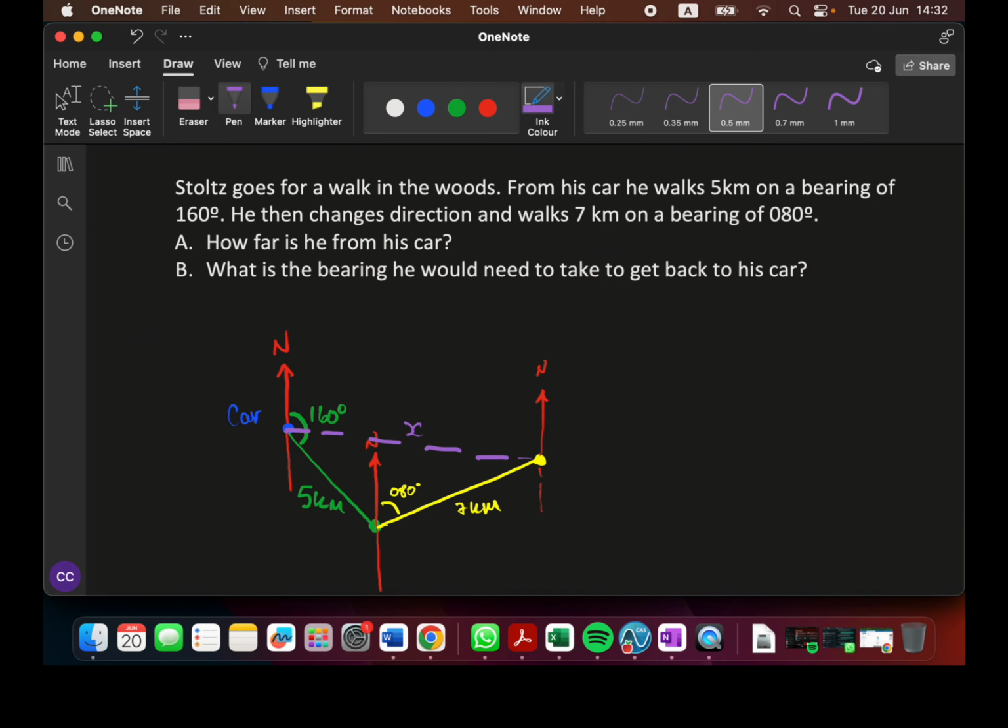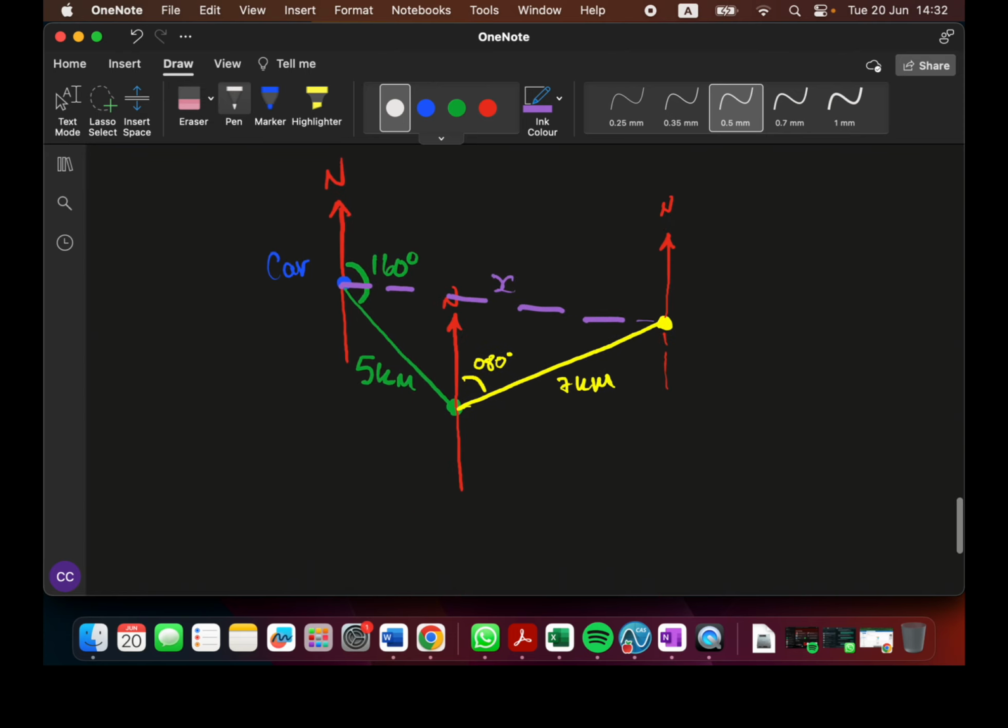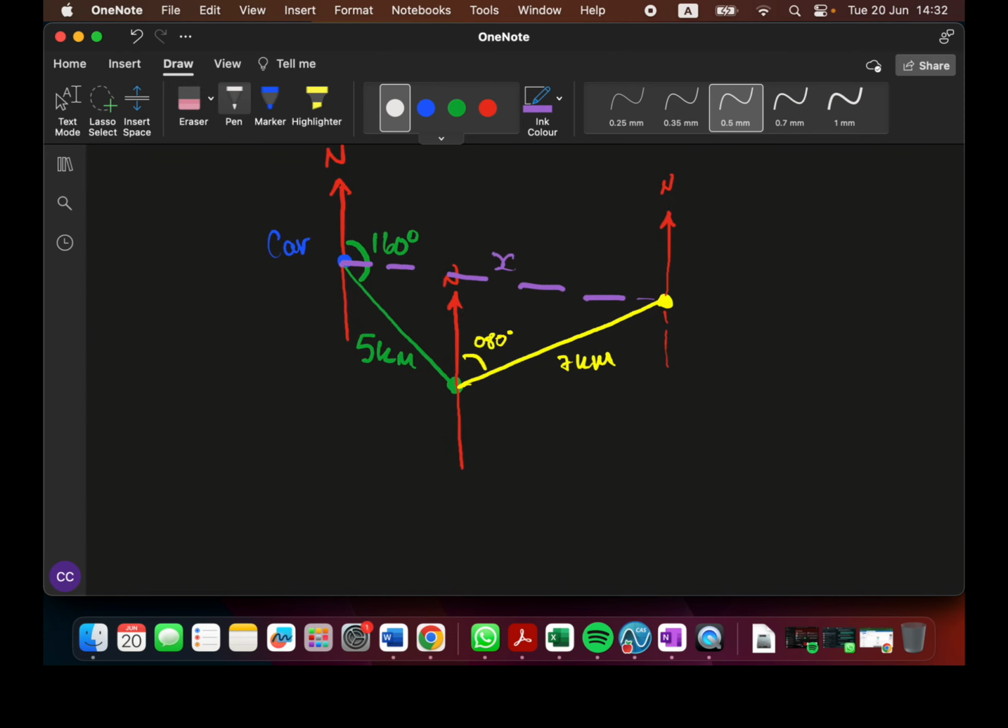The first thing we are going to do is use some of the rules that we learned back in ninth grade when it comes to parallel lines. All of these north lines are parallel to one another. When a line like the green one crosses two parallel lines, alternate interior angles like this have to be 160 degrees, just like it's 160 degrees there.